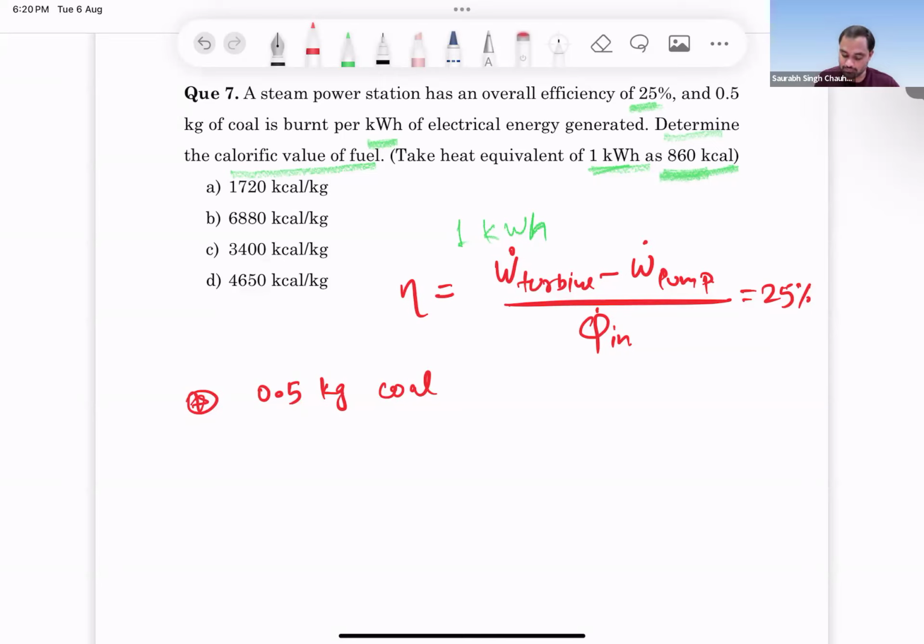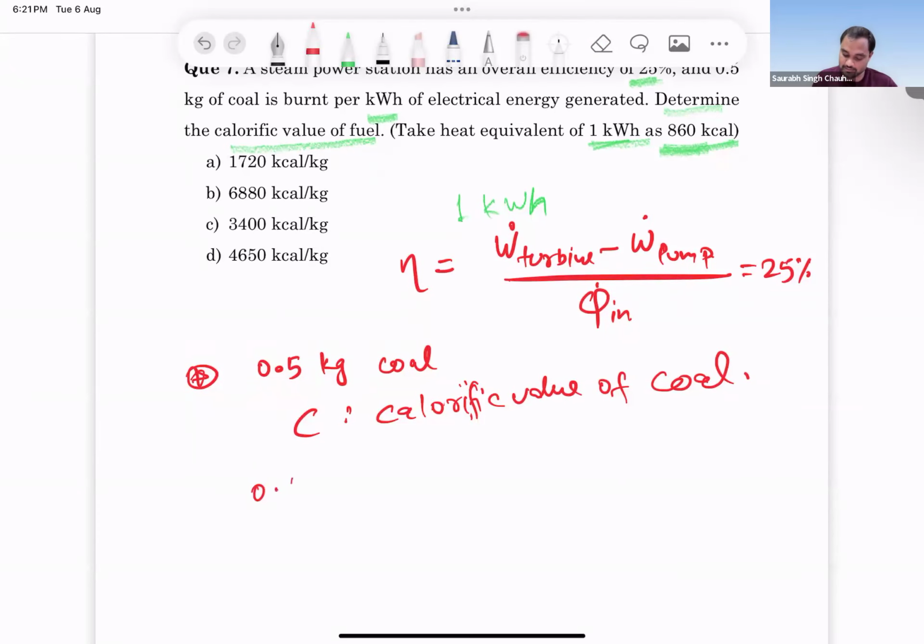Okay, so if the calorific value of coal is, let us assume, C, then 0.5 kilogram of coal will be equivalent to 0.5 multiplied by C, this much of energy.